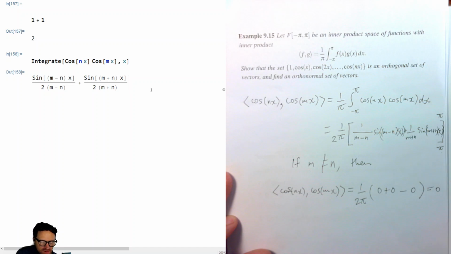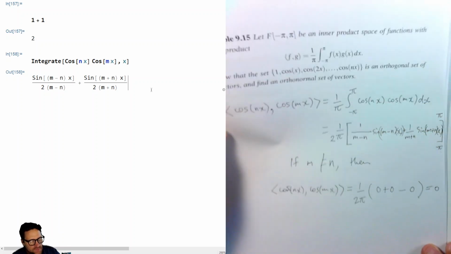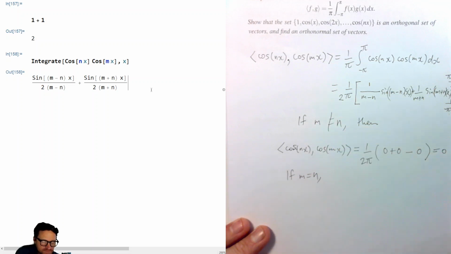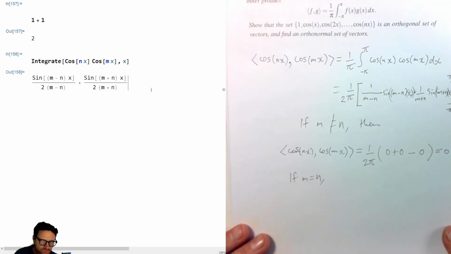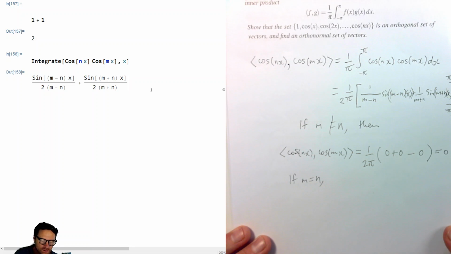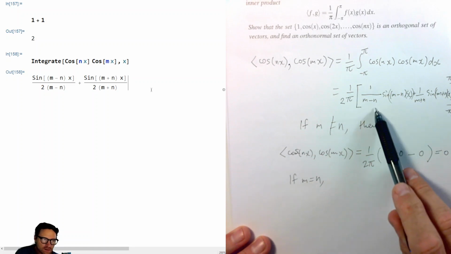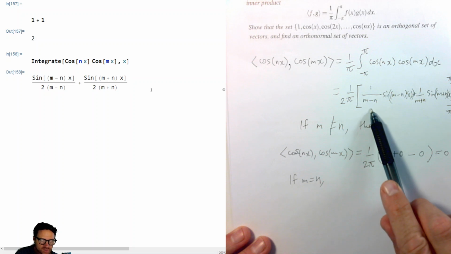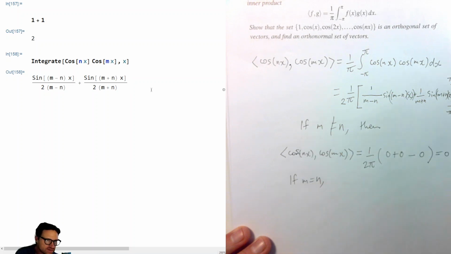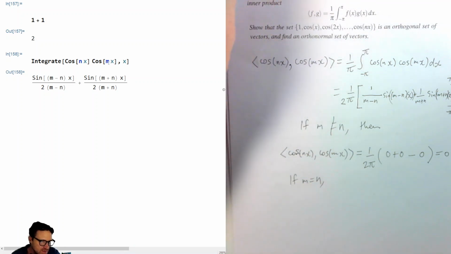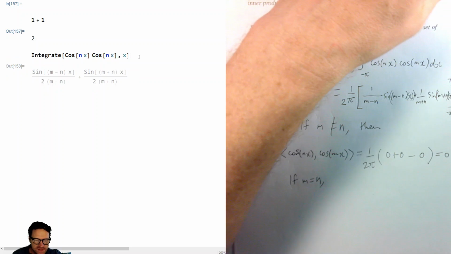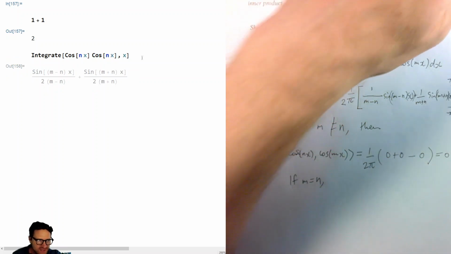So this will be 0. Now, if m is equal to n, then we wouldn't get this integral, would we? Because that denominator would be zero. So let me put in an n here. That's the integral of cos squared of nx.